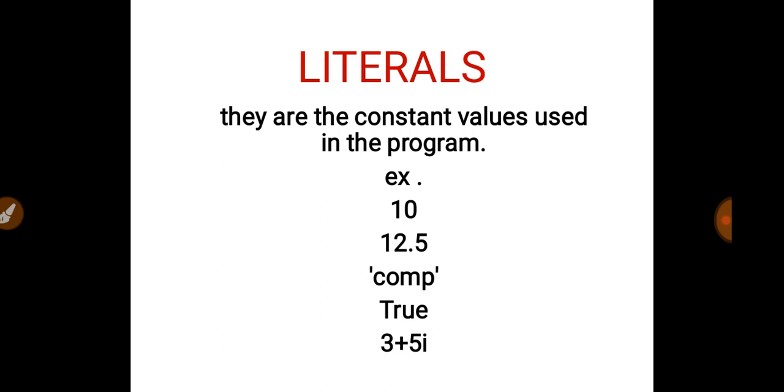There is also a special type of constant which is the complex constant. Why I am saying this is a special type of constant, because no other programming language supports the complex value constant, but Python does. And the complex constant can be declared as 3 plus 5i.